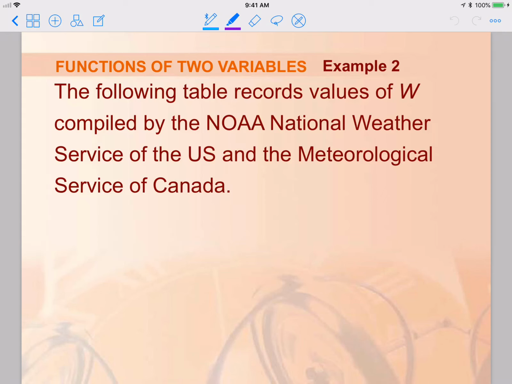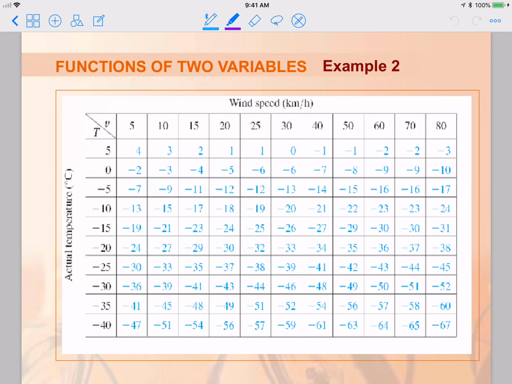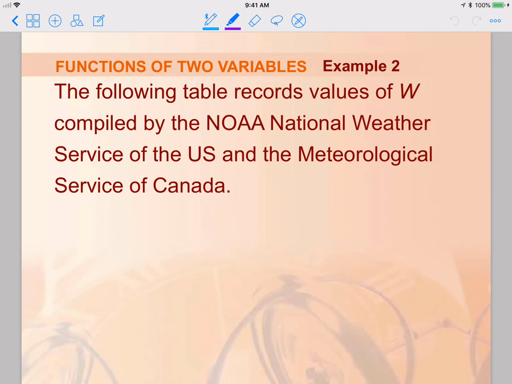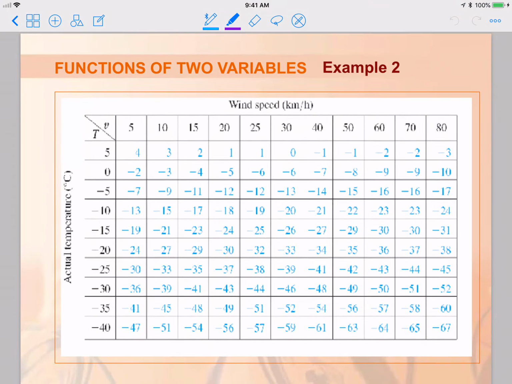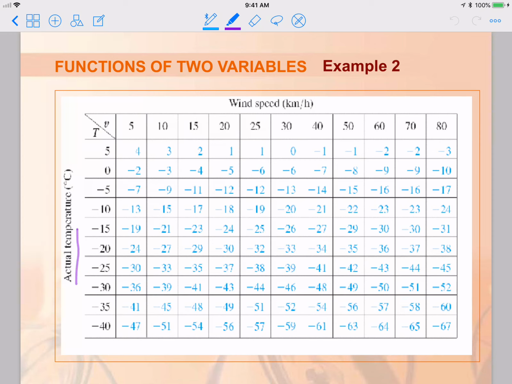And now we've got a table of records that was compiled by some U.S. and Canada meteorological service. And here we go. So if you look here, along here we've got the actual temperature, that's the same as T. And then up top, we've got the wind speed.